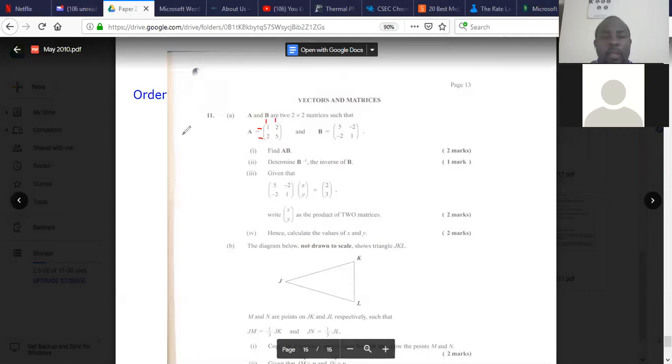Okay. What's the order of this matrix? Two rows, 3 columns.